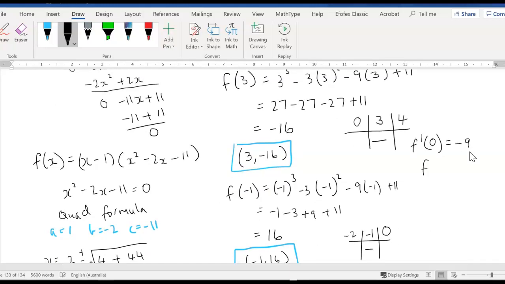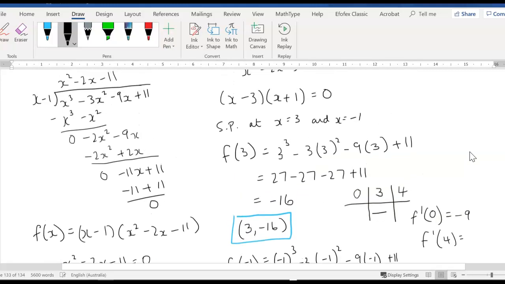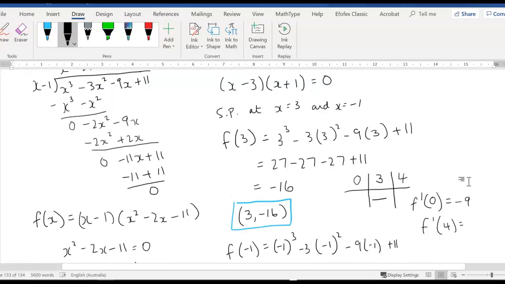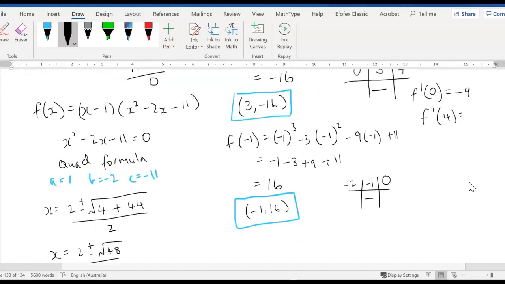And when I put in 4, now I'd probably write this if I had the room, but I don't have the room. All right, so 4 squared is 16, 3 times 16 is 48. All right, and then 4 times 6 is 24. And then 24 minus 9 is 15.